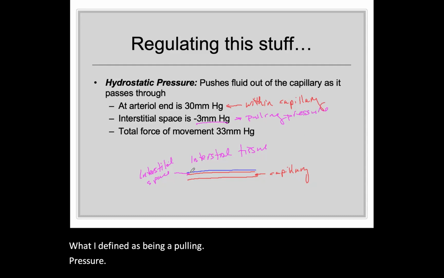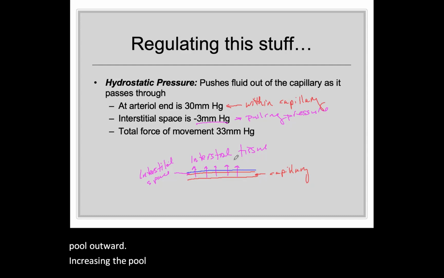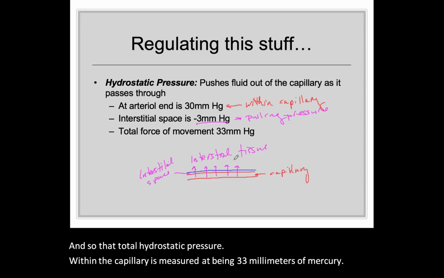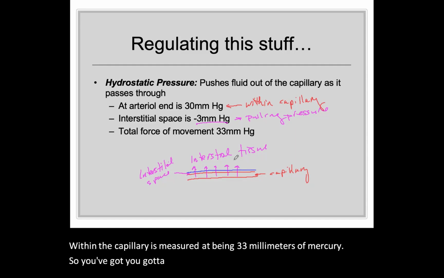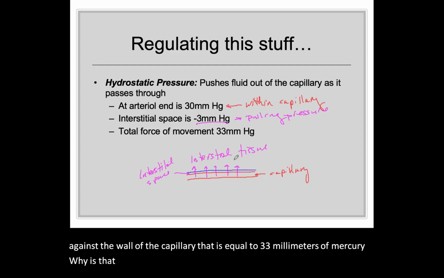Because it's suctioned to the capillary, it's increasing the pull outward. And so that total hydrostatic pressure within the capillary is measured at 33 millimeters of mercury. So you've got a pressure pushing against the wall of the capillary equal to 33 millimeters of mercury. Why is that important? Well, let's look at a couple other numbers here.